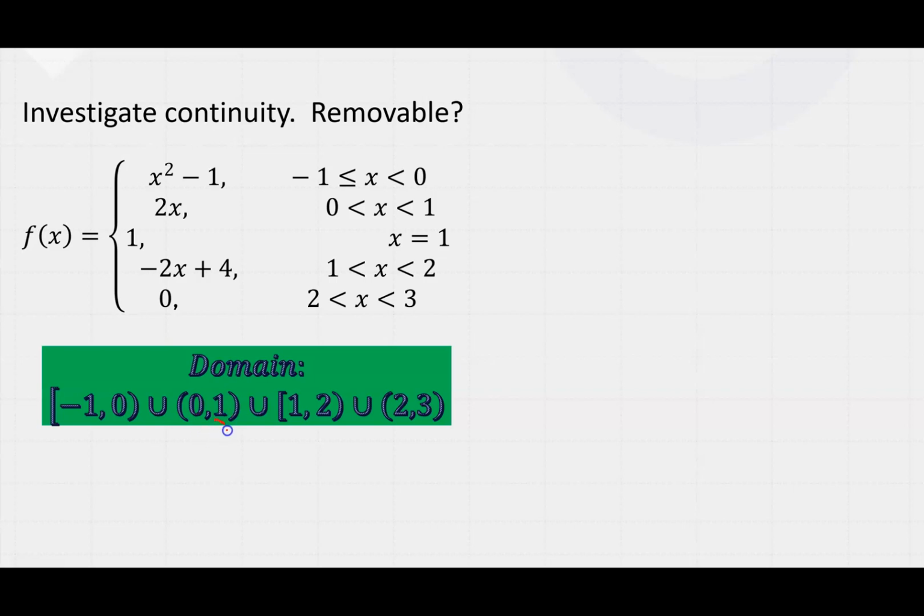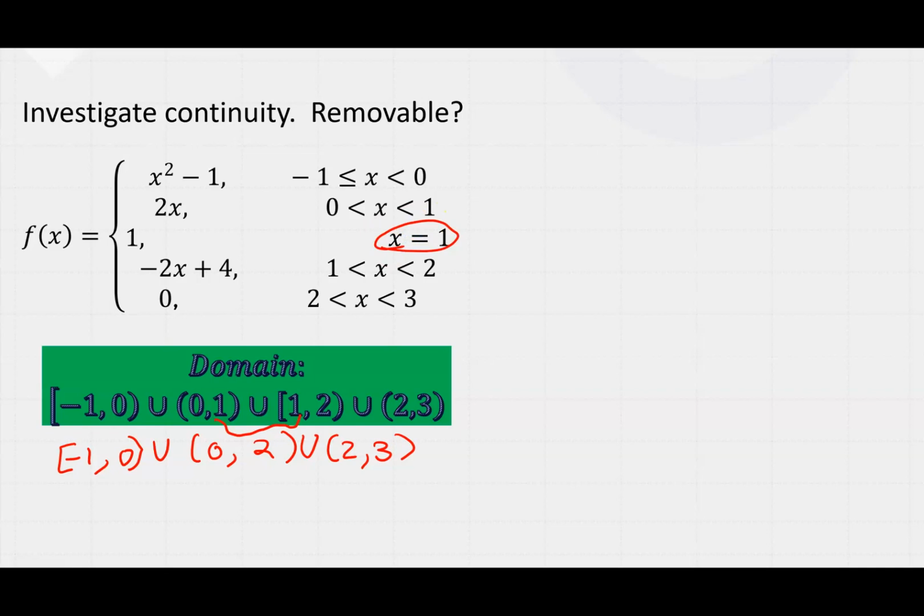So right here, okay, we could have combined the interval to be from 0 to 2 because 1 is included. So the domain is from -1 to 0, union 0 to 2, union 2 to 3. Okay, that U may look like a V, U. So 1 is within the domain.